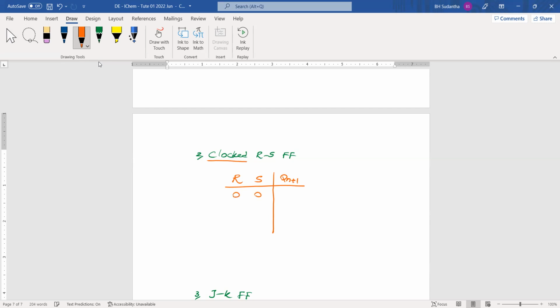This is 0, 0, 0, 1, 1, 0, and 1, 1. This is Qn, we received the previous one. This is set, this is reset, and still we don't have a solution for the last combination.